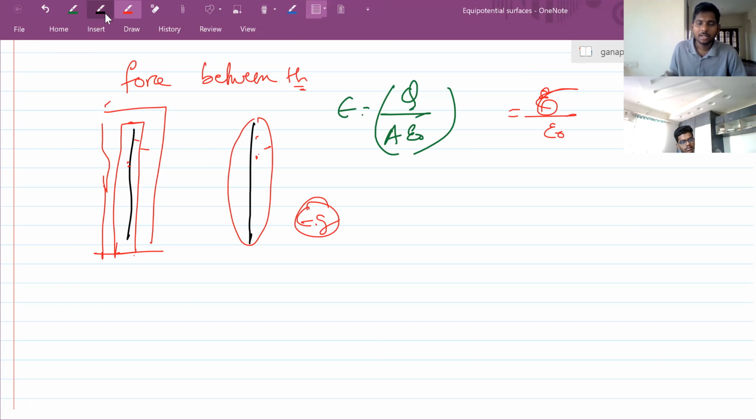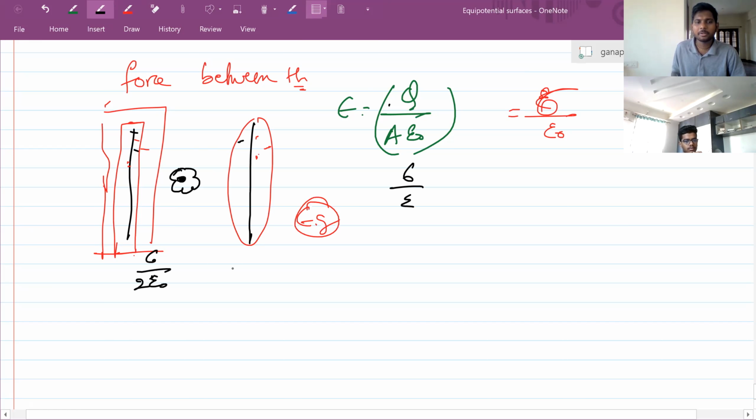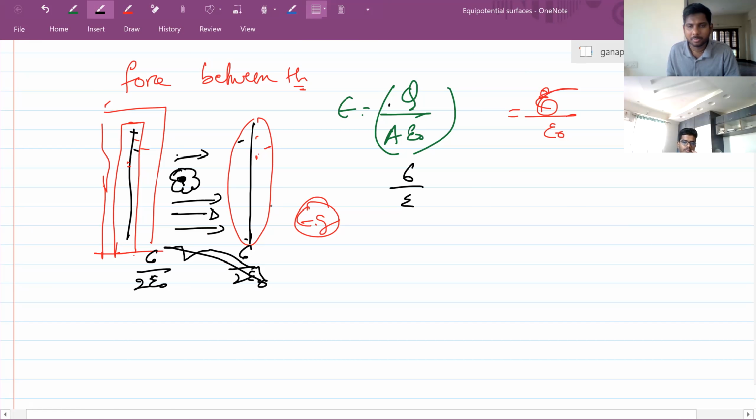Sigma by epsilon naught is the electric field at this point due to both plates. Each becomes sigma by 2 epsilon naught, and both get added up at this point because they are in the same direction. That is why it becomes sigma by epsilon naught. Did you understand this point from the previous class?